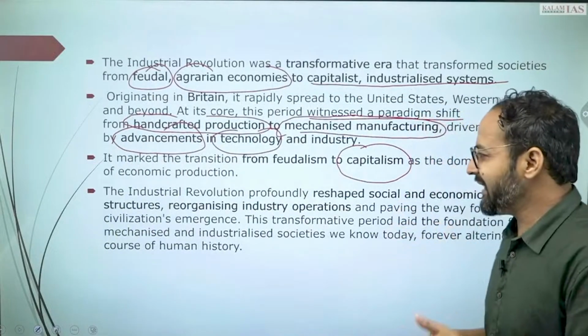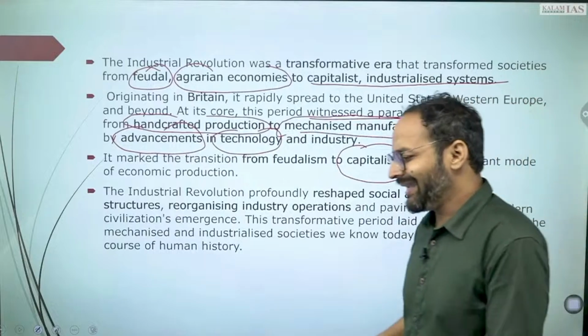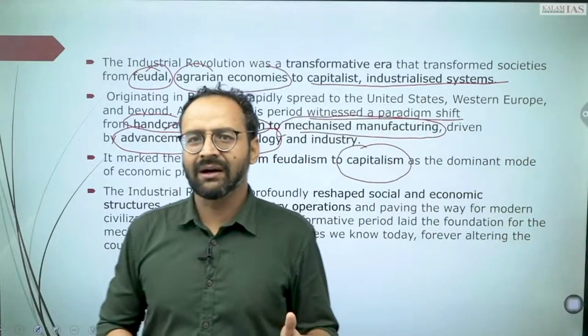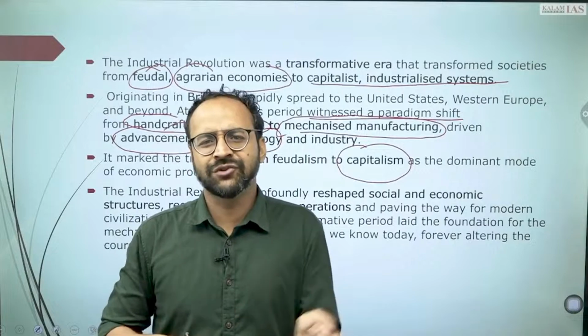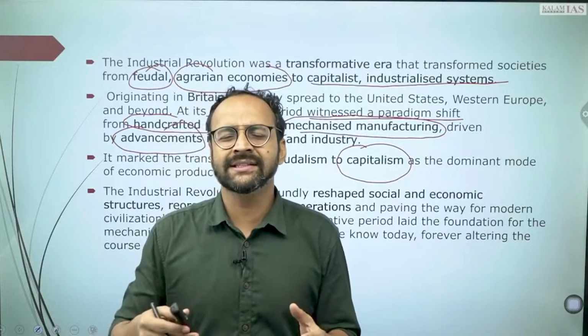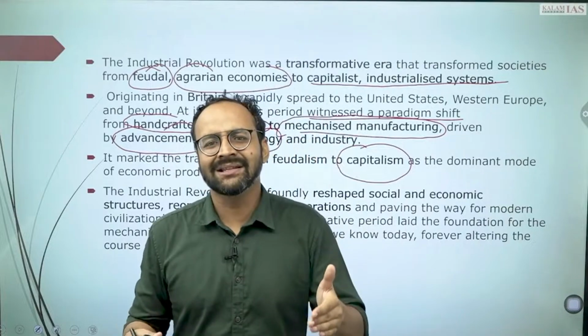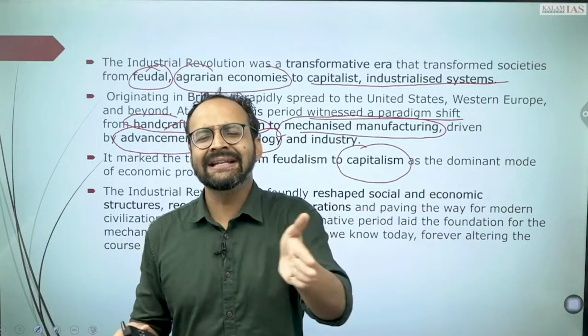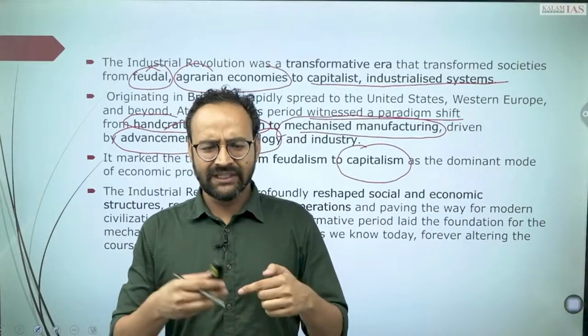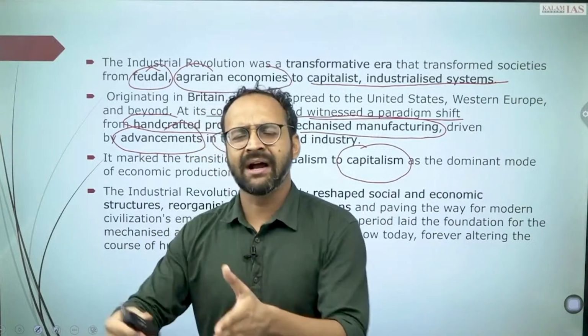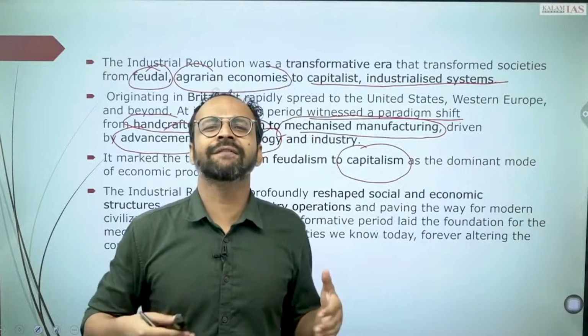Anyway, the Industrial Revolution profoundly reshaped the social and economic structures, reorganizing the industries. Well, when we say that it reshaped the society, then we see that when there is a kind of shift, transition is always disturbing for the society and economy. Disturbance in the sense, post 1990s in India, we see that there is a lot of FDI coming up in India, but at the same time we see a lot of inequalities also.